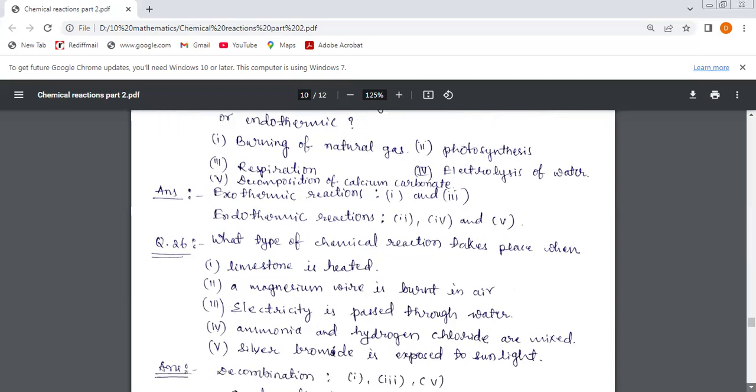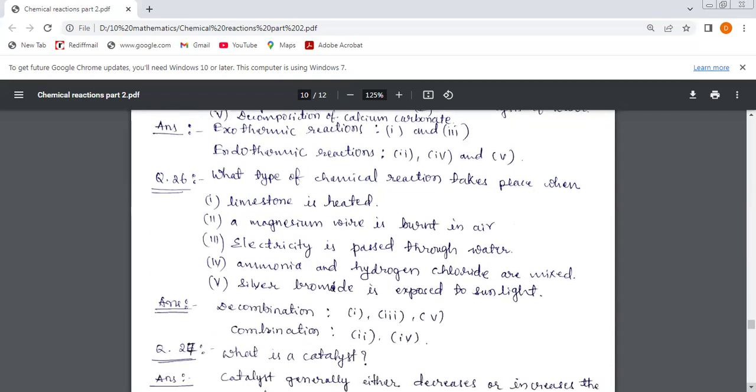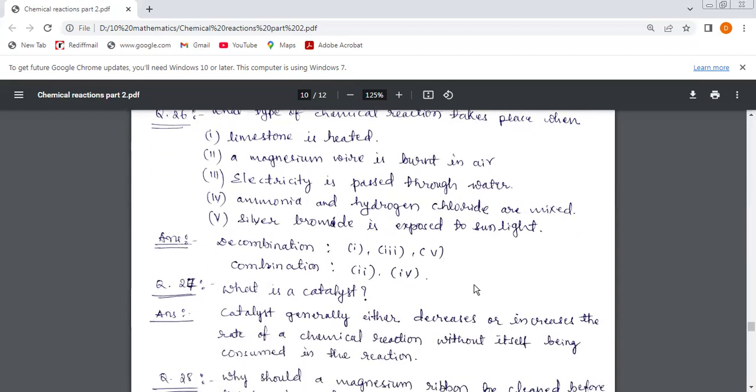Next question: what type of chemical reaction takes place when limestone is heated, a magnesium wire is burnt in air, electricity is passed through water, ammonia and hydrogen chloride are mixed, silver bromide is exposed to sunlight. On the basis of the chemical reaction, we group them like this.